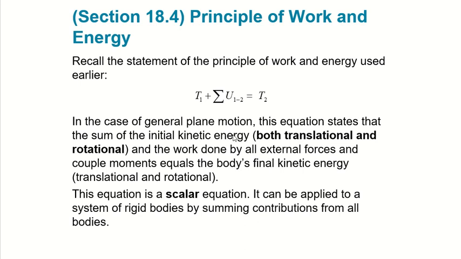When you deal with a general plane of motion, this equation is going to state the sum of the kinetic energy, both translation and rotation, because that's general plane motion. So you deal with both. Your work done is going to be by all external forces and your couple moments, equals the final kinetic energy, which is again your translation and rotation, because we are dealing with general plane motion.